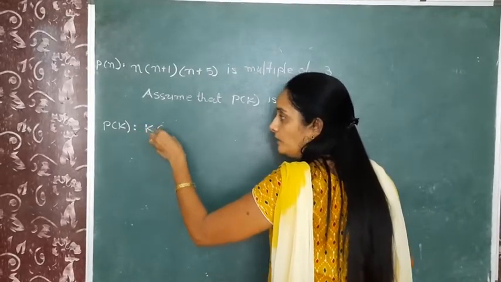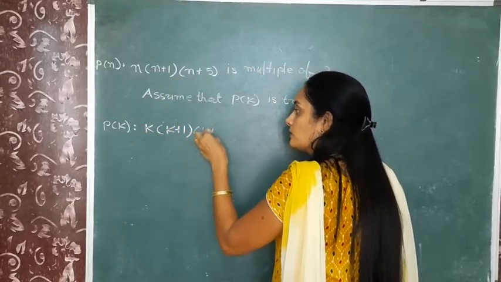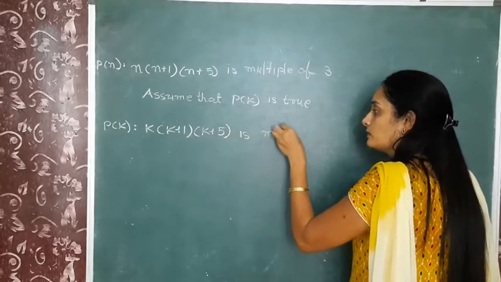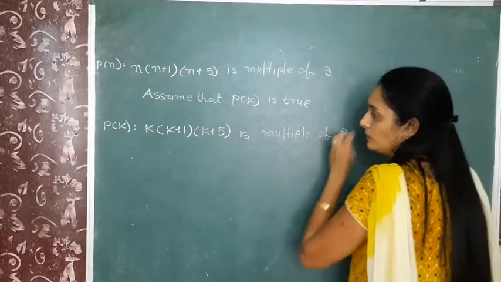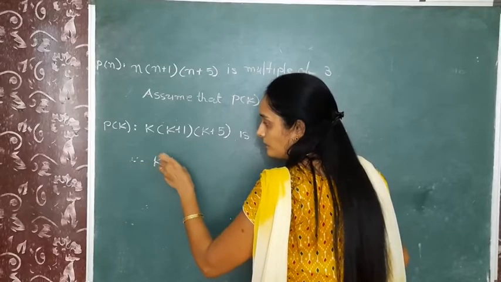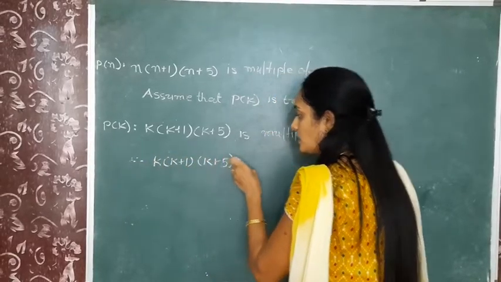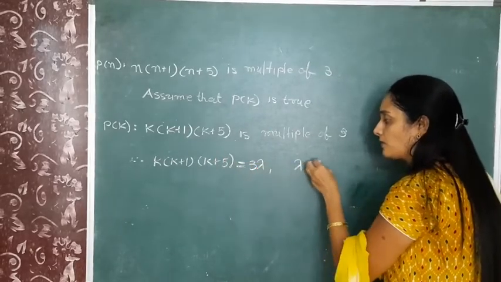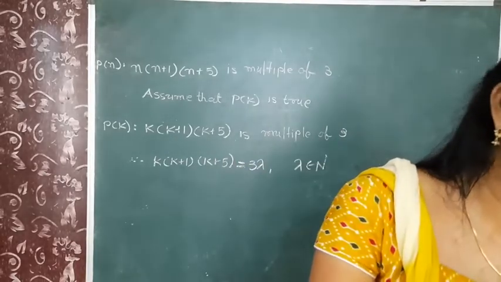So here k into k plus 1 into k plus 5 is a multiple of 3, and therefore we can write k into k plus 1 into k plus 5 is equal to 3 lambda, where lambda belongs to N. That means lambda is any natural number.